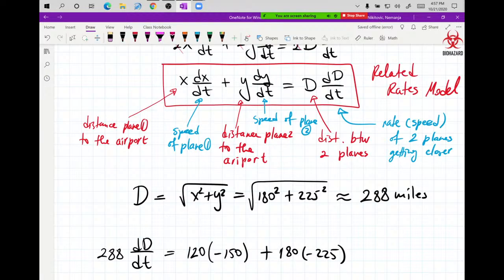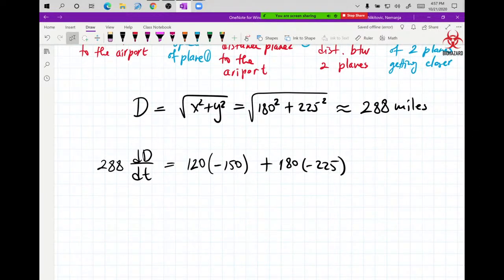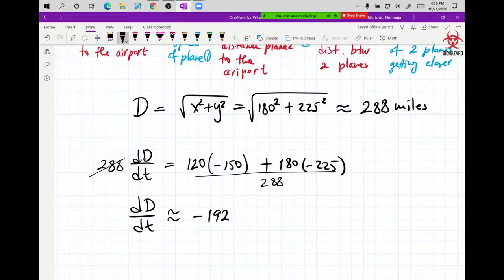And when you compute all of this and divide by 288, you get that they are closing in at about negative 192 miles per hour.